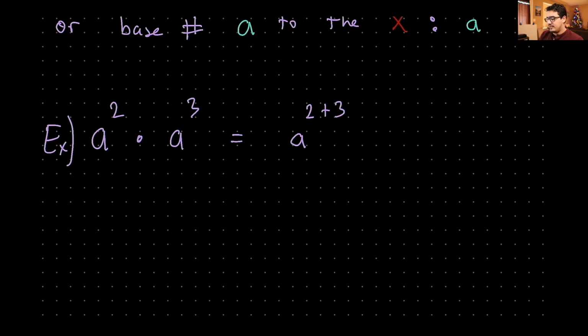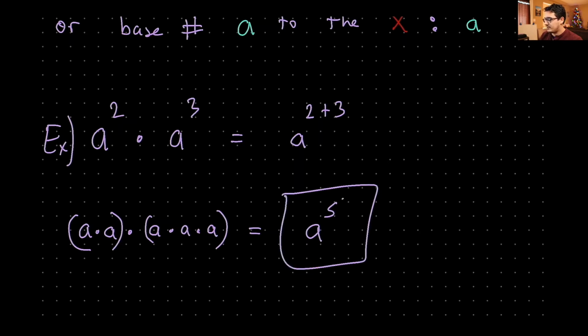This is saying the same thing as a times a, and then times a times a times a. So these are the two expansions, and you'd say, oh, well, that's just a to the 5th. Oh, that's not an a, that's supposed to be a 5. Let's just go ahead and rewrite that. So a to the 5th. We start doing stuff like this.